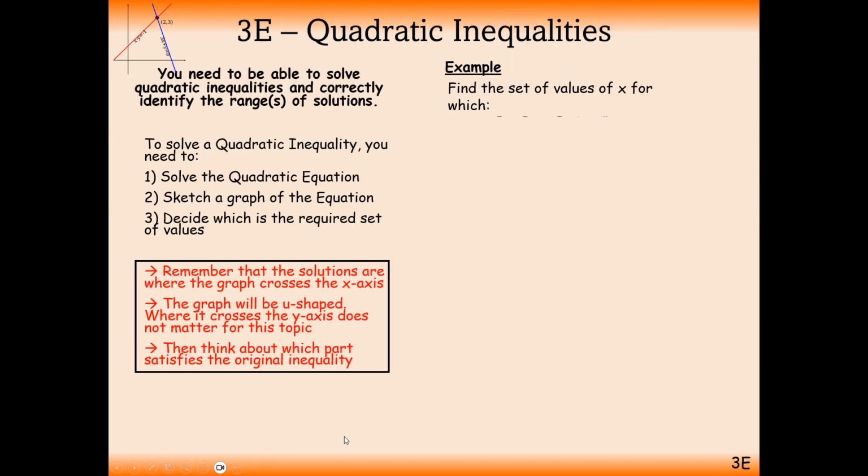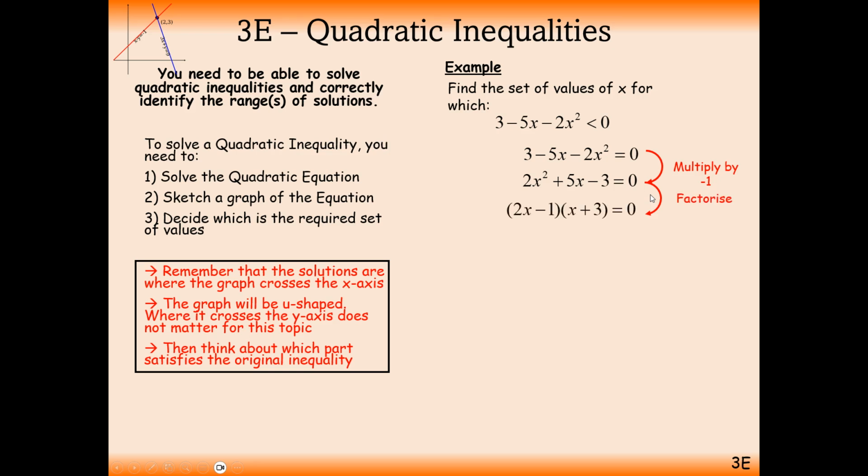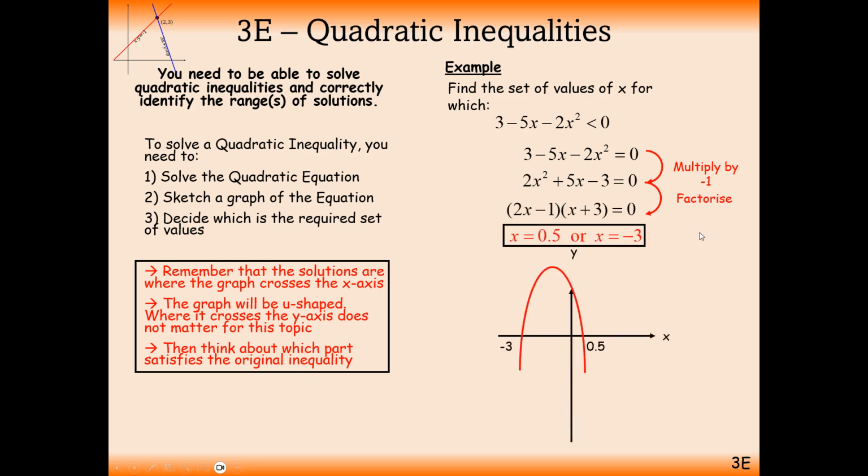Now the next question. If you set this quadratic equal to 0 and solve for the answers, you find the roots of the inequality. Because of the minus 2 in front of x squared, you draw a sad looking graph, and you say y is less than 0.